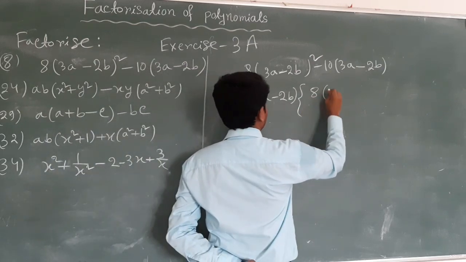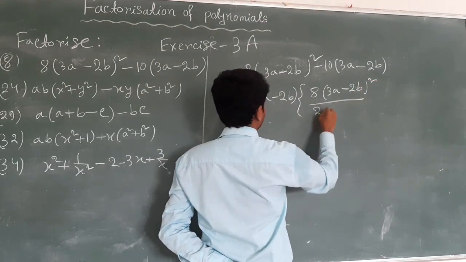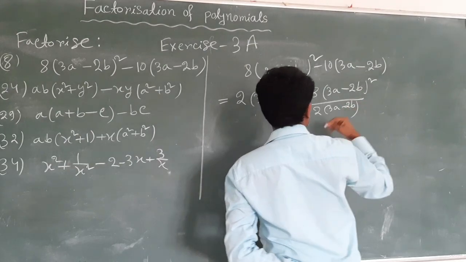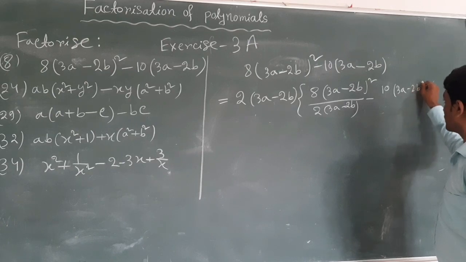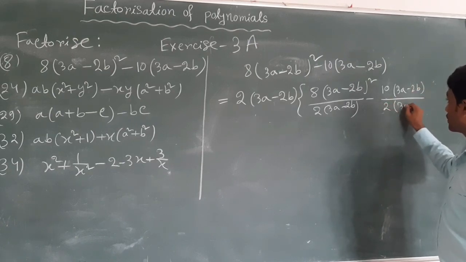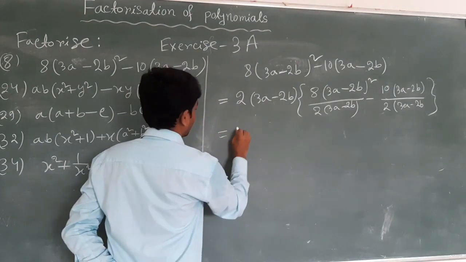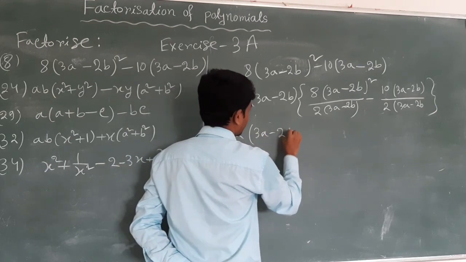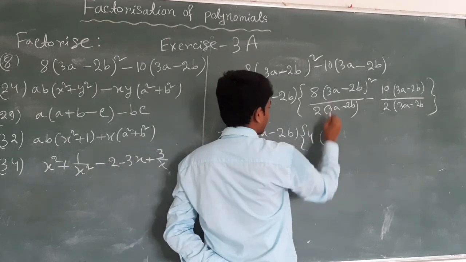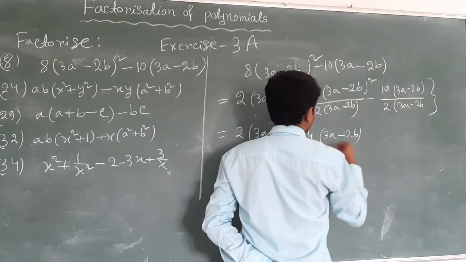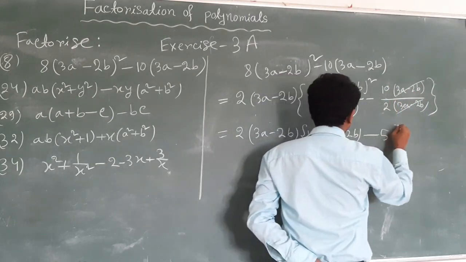So 8 into (3a minus 2b) upon 2 into (3a minus 2b), minus 10 into (3a minus 2b) upon 2 into (3a minus 2b). So 2 into (3a minus 2b), 8 divided by 2 is 4, 3a minus 2b, minus 10 divided by 2 is 5.